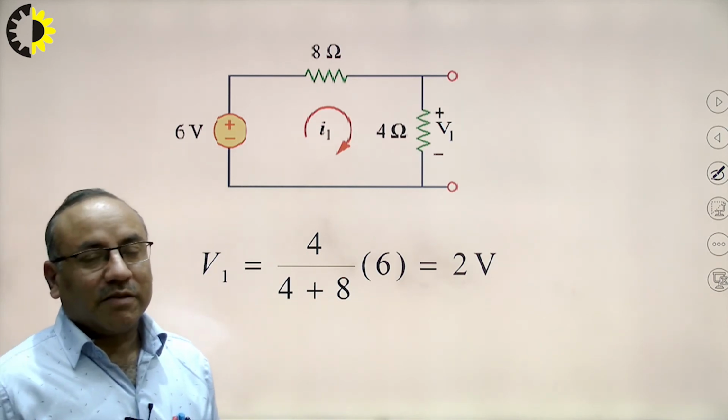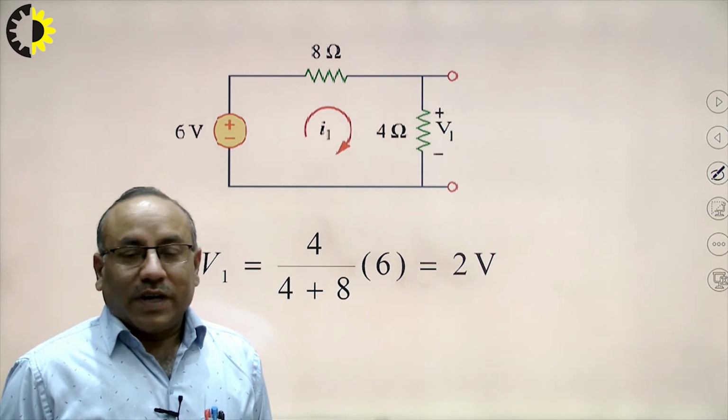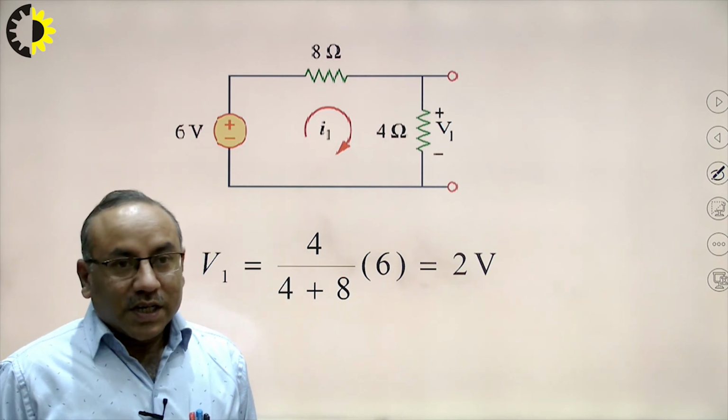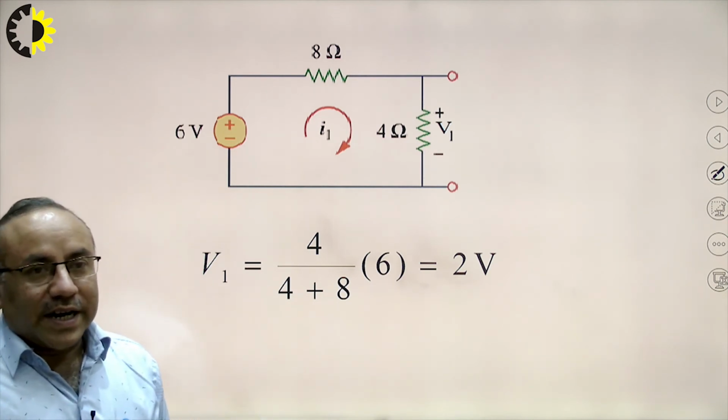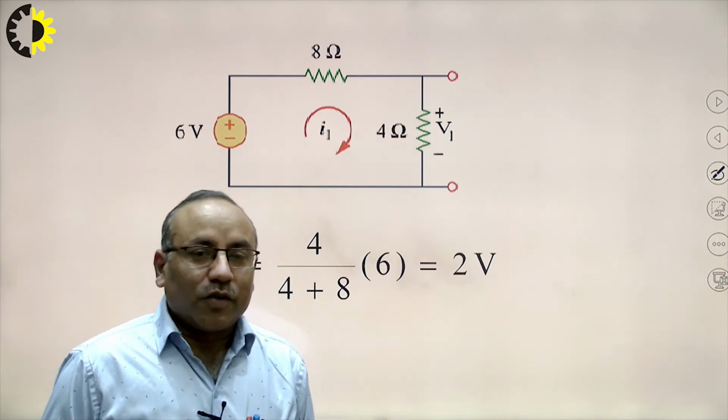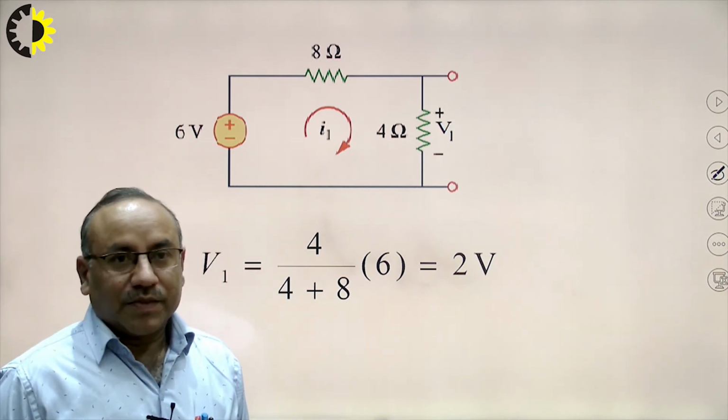So we have found this voltage V1, which is 2 volt due to the 6 volt voltage source acting alone in the circuit, and the current source is made open circuit this time.